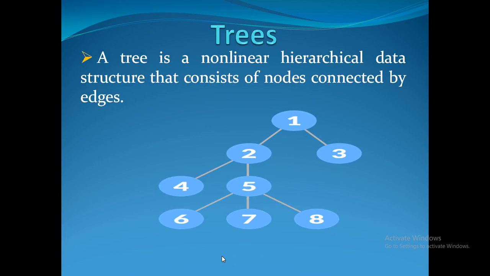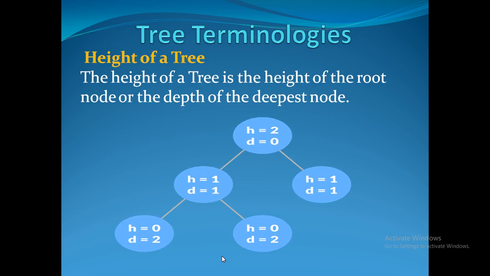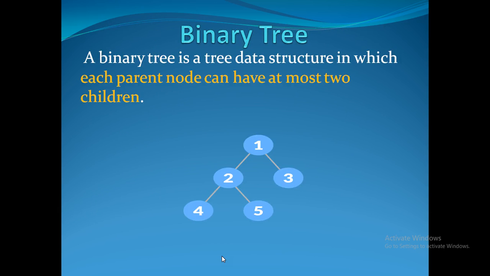We should have some order or rule to create a tree, otherwise traversal will be very difficult and searching time will be very high. So to avoid that, the binary tree concept is introduced, in which each parent node can have at most 2 children.